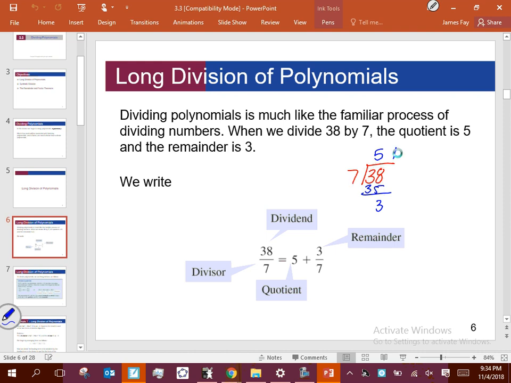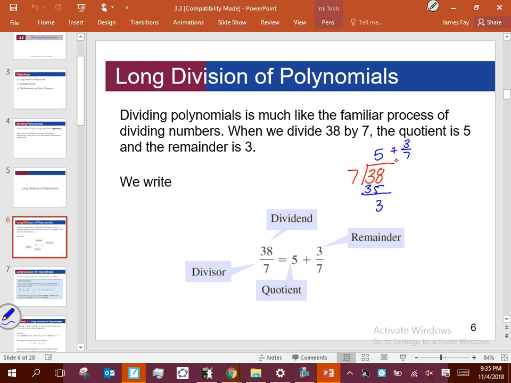So you would maybe in 3rd grade put R 3 for remainder 3. But we've also realized that means a remainder of 3 out of 7. So we have 5 plus 3 sevenths, and we're going to write it that way.